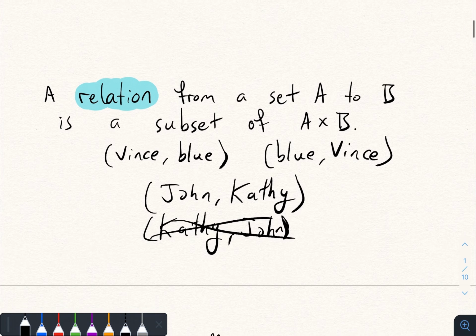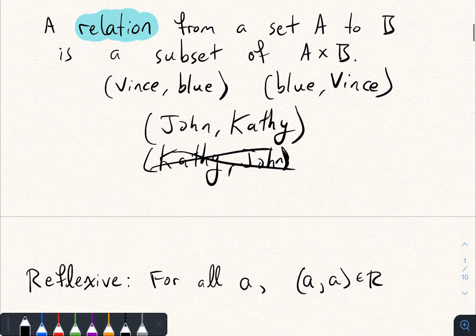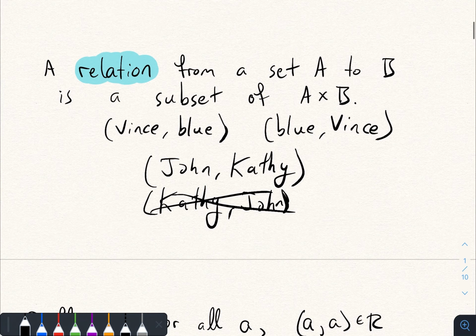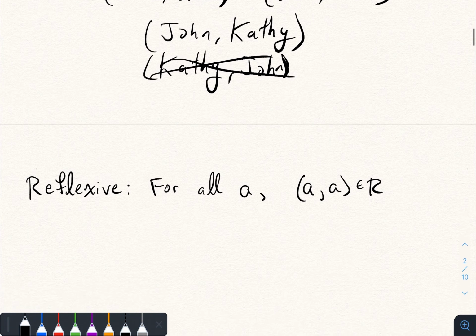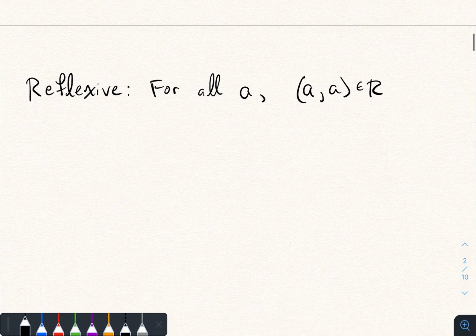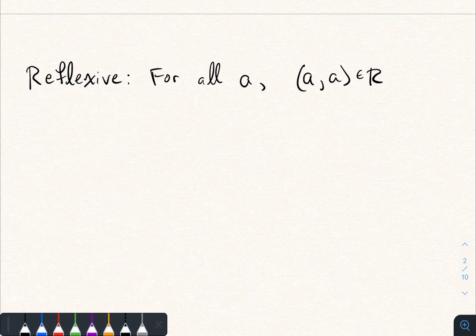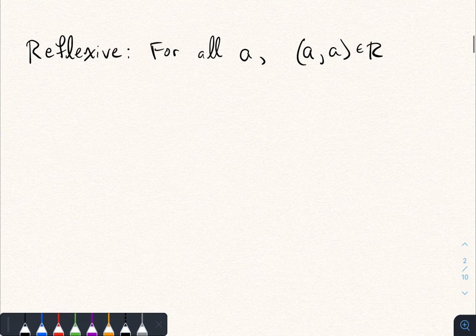So when you have a relation on a set A, not A cross B, but just on a set A, there are a couple possible properties that we might care about, whether or not the relation has them. One property is the reflexive property, meaning that for all a in your set, (a, a) is in the relation.